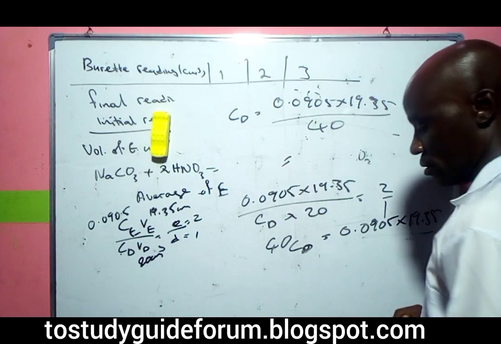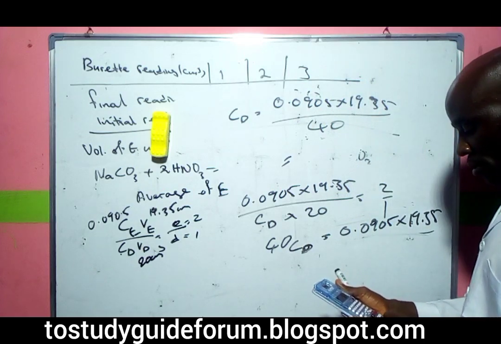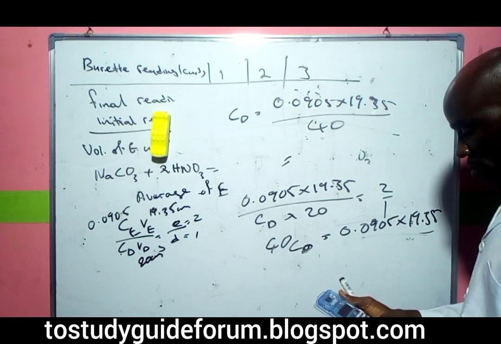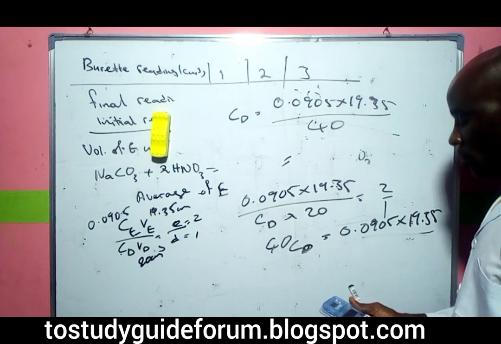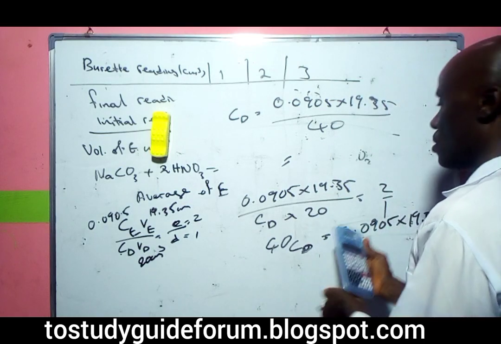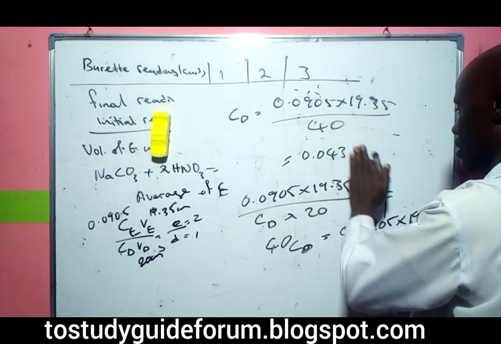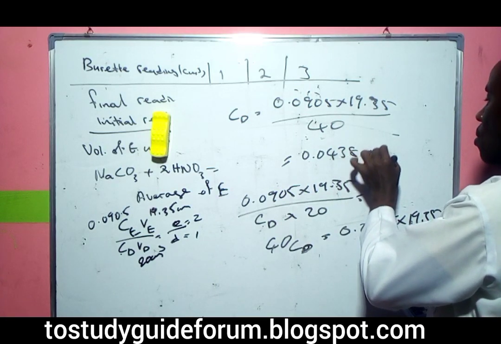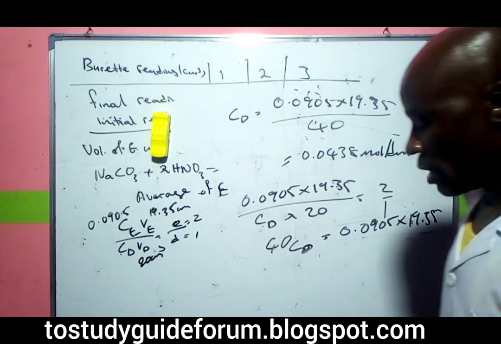That will give us 0.0438 mole per dm cube. So that is what we have.